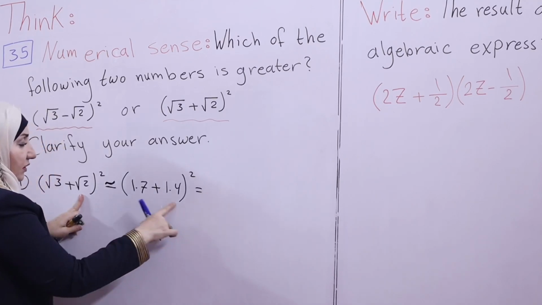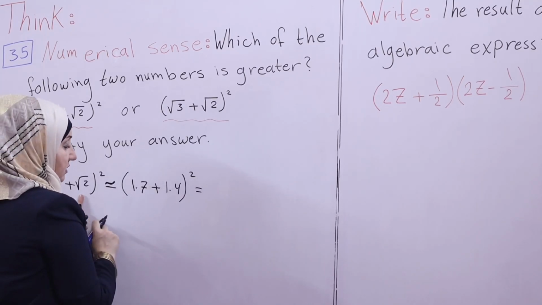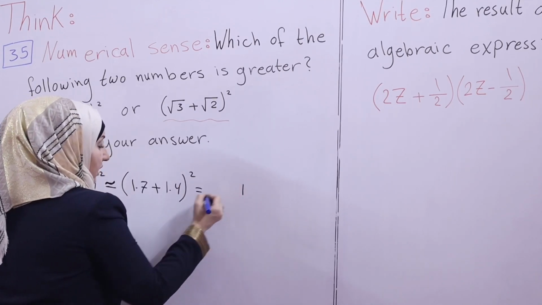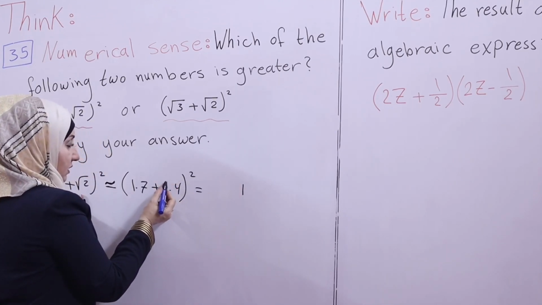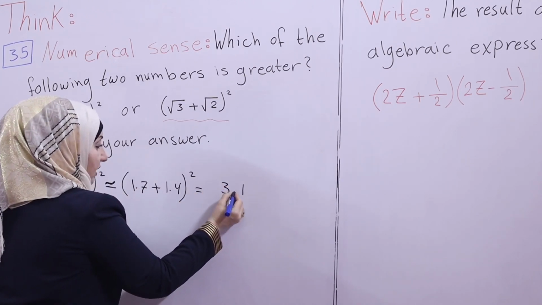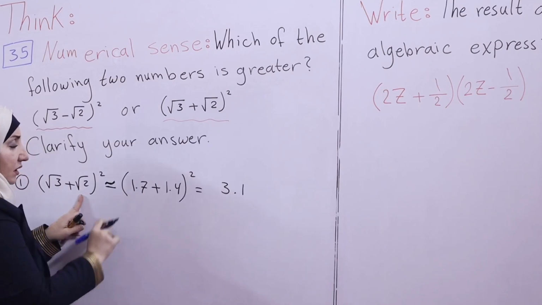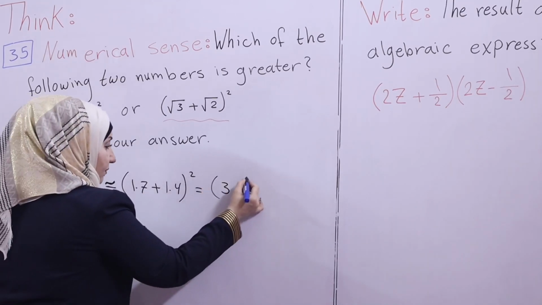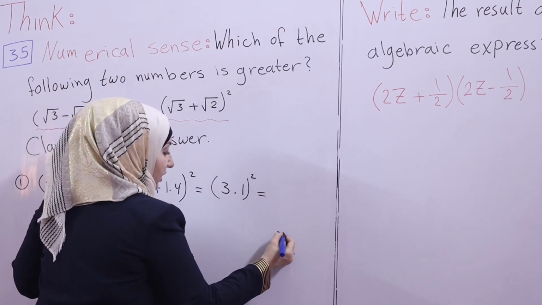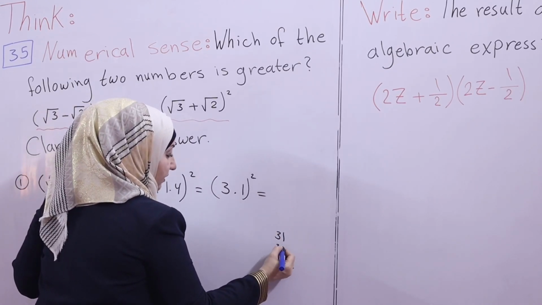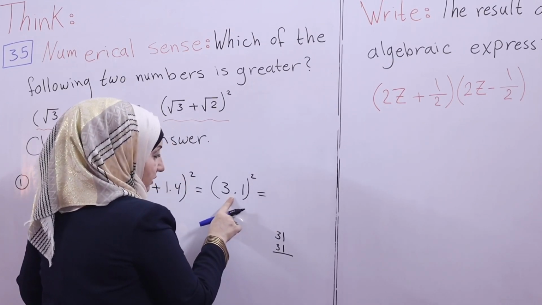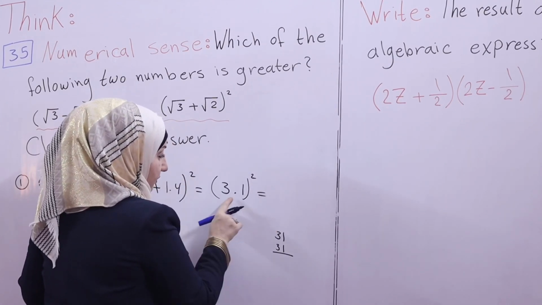If we add these two numbers, it will be 4 plus 7, 11, and 2 plus 1 equals 3, and we put the comma. So this number squared will equal 3.1 multiplied by 3.1. We will multiply the two numbers, and last we put the comma.